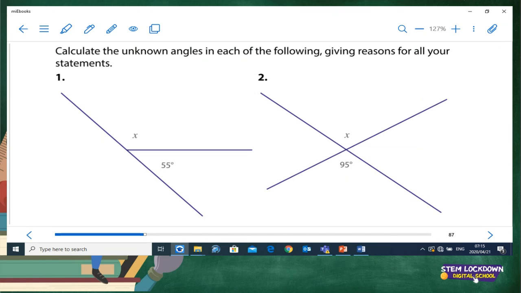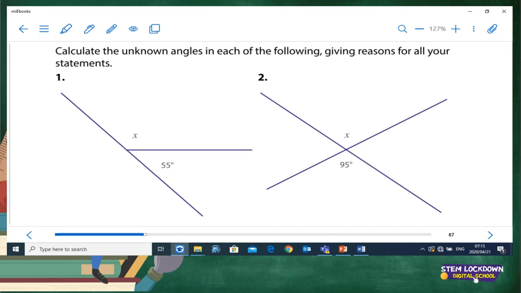And as you know now, when you add X and 55 degrees, once you add these two, they should give you 180 degrees.